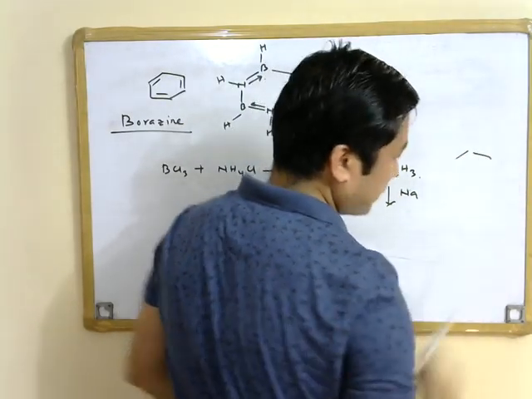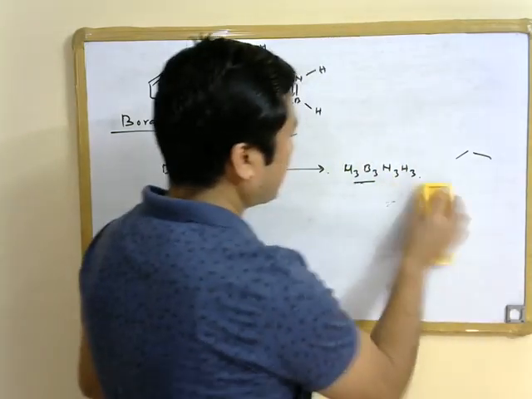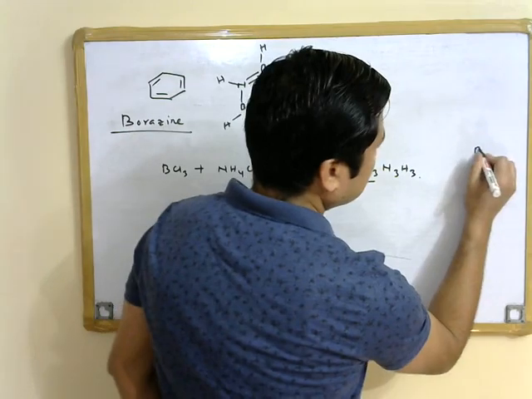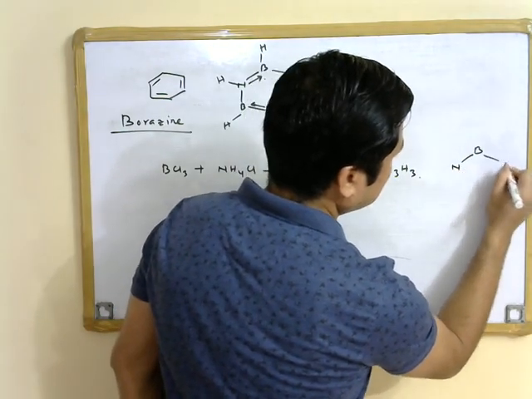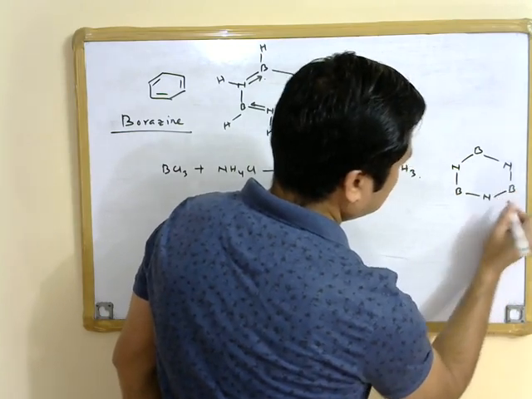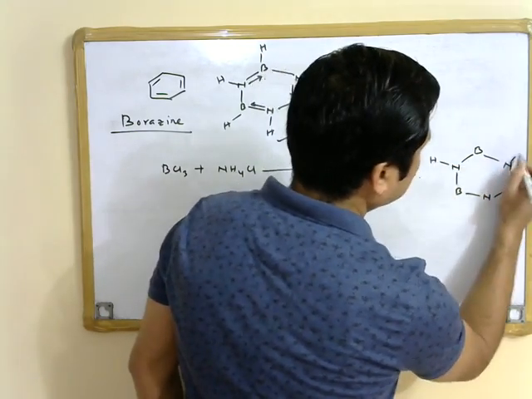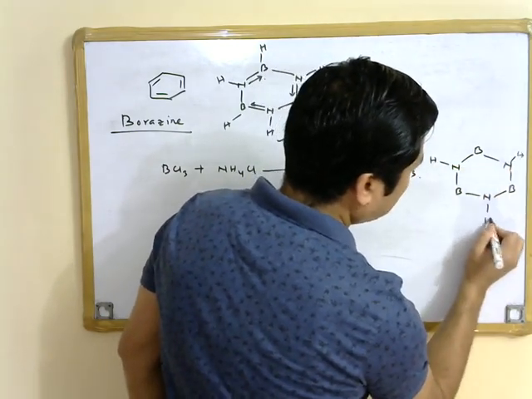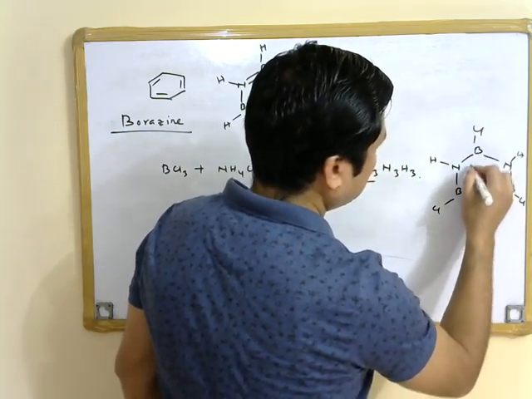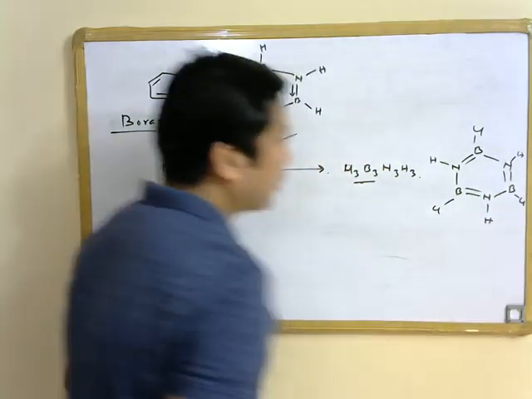The structure of this intermediate has hydrogen atoms attached to the nitrogen, while chlorine atoms are attached to the boron centers.